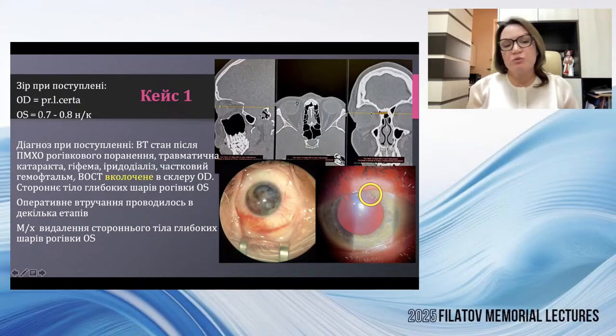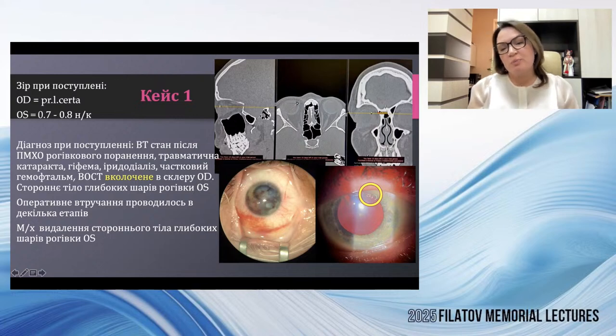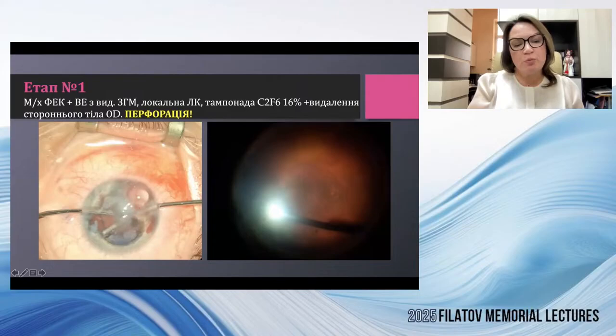First, we considered that it was inside the sclera and a foreign body in the cornea, in the deep layers of the cornea. The girl was immobile. Both her legs were immobilized and she had a lot of other problems. So we started operating on her in a step-by-step way. For example, we removed the foreign body from the left eye in the traumatology department using a slit lamp, with the following stages in our department.